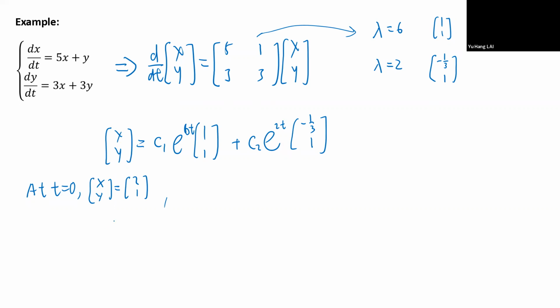But that's not difficult. I just substitute. So this (2, 1) over here equals C1 at t equals 0, so just C1 times (1, 1) plus C2 times (-1/3, 1). And remember, this can actually be written as this.